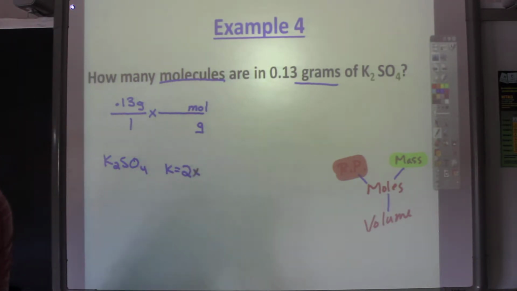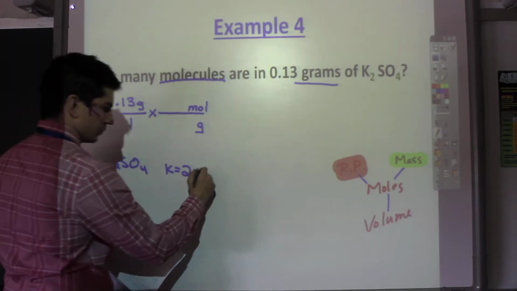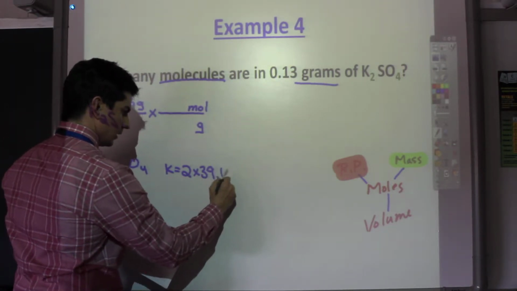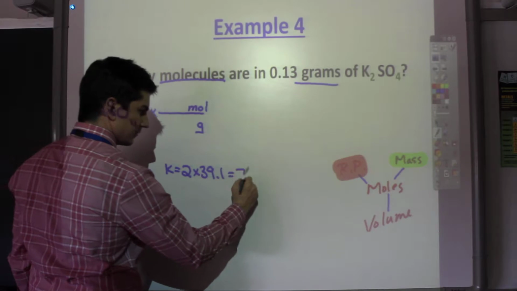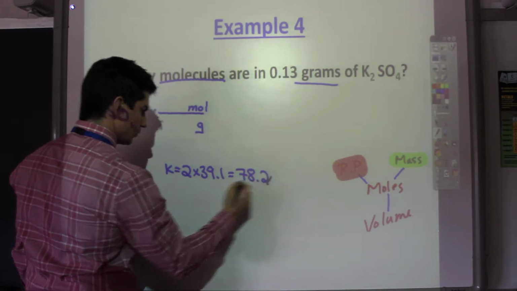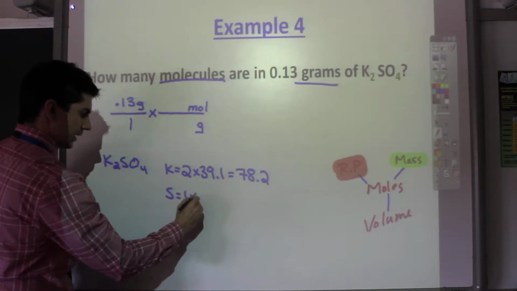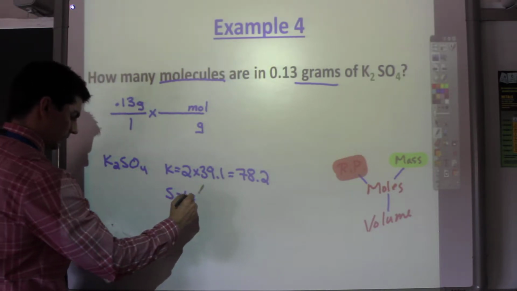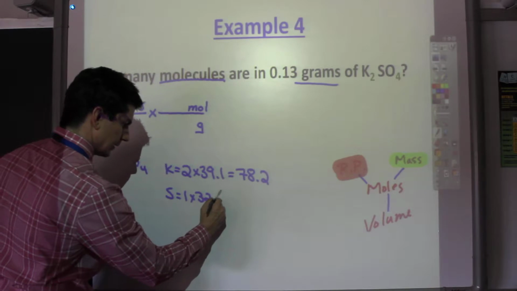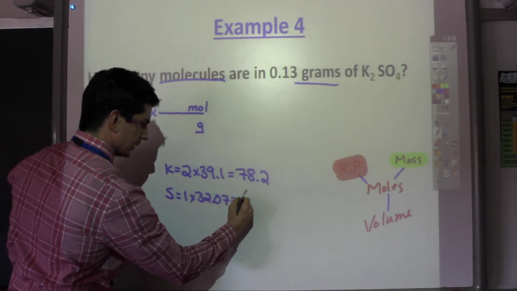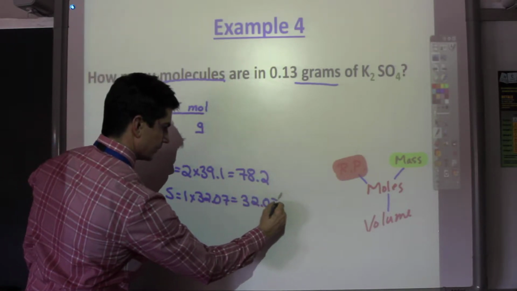We multiply that by the mass of potassium, which is 39.1, and we get 78.2. Second, we do sulfur, which is 1 times 32.07. Multiplying those together, we get 32.07.